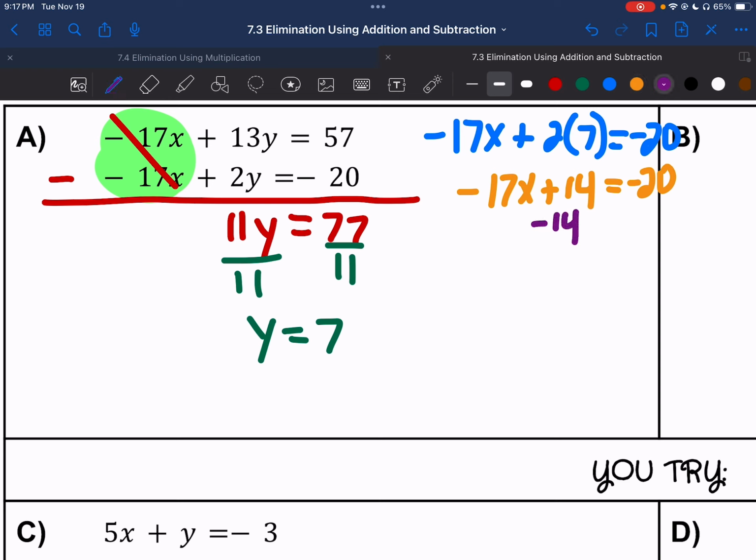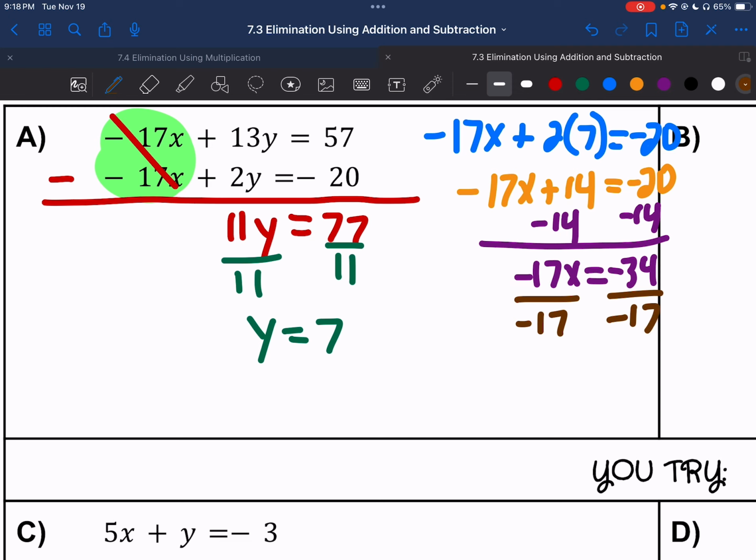Subtract 14 from both sides. Negative 17x equals negative 34. And we're going to divide by negative 17. We get x is equal to positive 2. So my ordered pair is (2, 7). Again, you can check your work. I'll let you do that on your own.